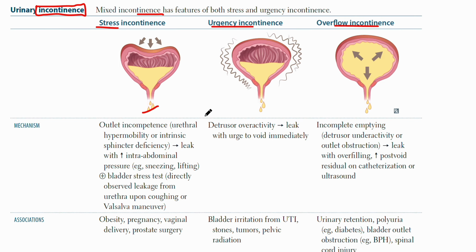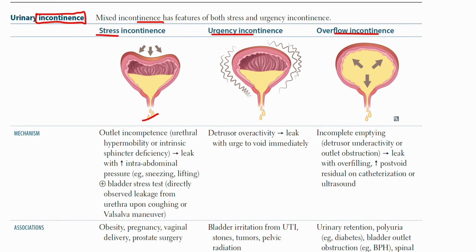So the mechanism of stress incontinence is that there is outlet incompetence, urethral hypermobility or intrinsic sphincter deficiency, that will lead to leak with increased intra-abdominal pressure. Examples are sneezing or lifting.